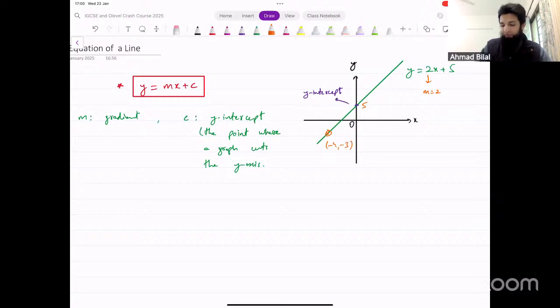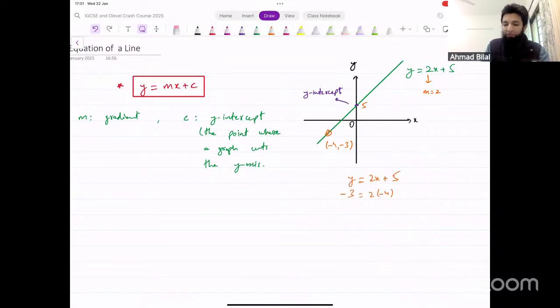If this point lies on the line, it has to satisfy this equation. So you can check that y equals 2x plus 5. If you input the values of x and y in this, minus 3 equals 2 into minus 4 plus 5. On the right side, you have minus 3. On the left side, you have minus 3. It will always satisfy the equation of this line. And it's not just for this one point, it's true for every single point on the line.